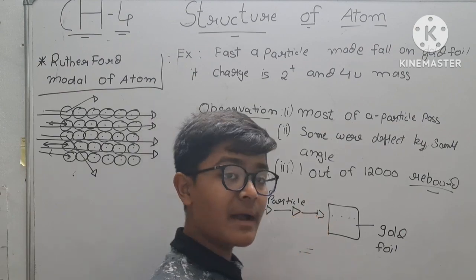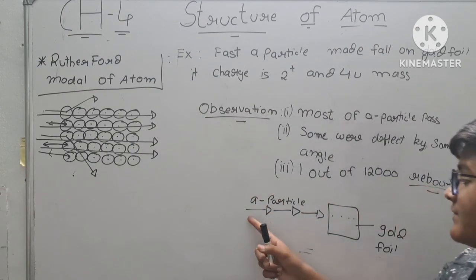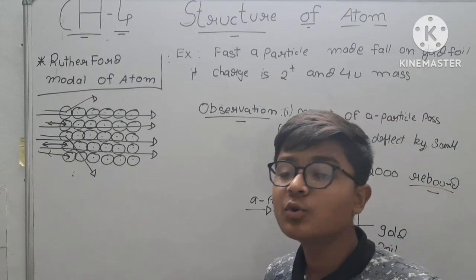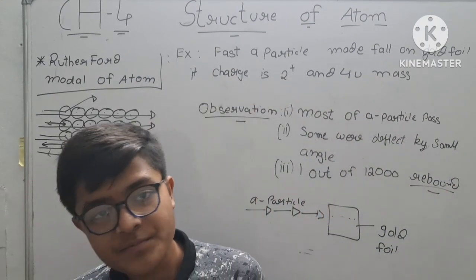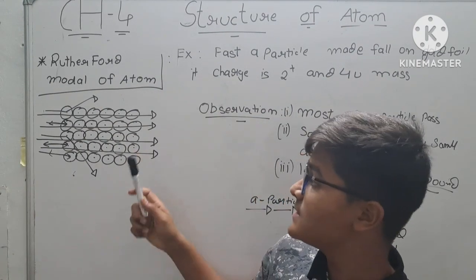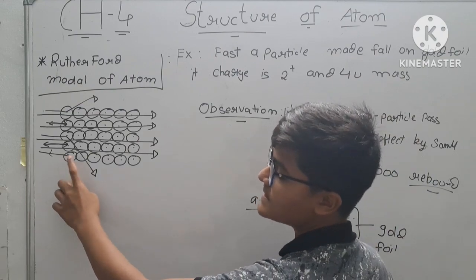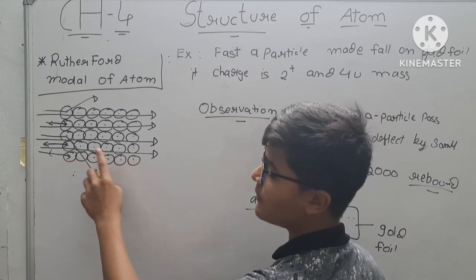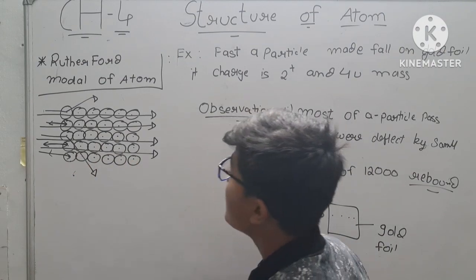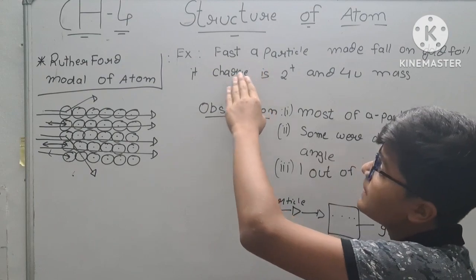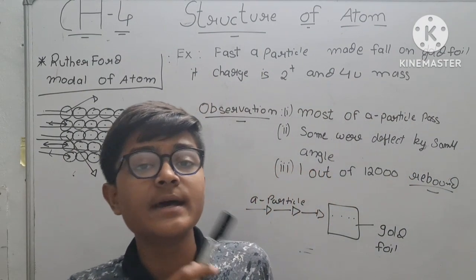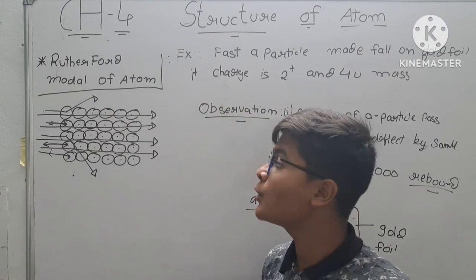Alpha particles are denoted by α. Let's first draw the diagram. You can see these are the atoms of gold, and the dots are the nuclei. So he did that experiment with fast moving alpha particles, where charge is +2 and mass is 4u, made to fall on gold foil.